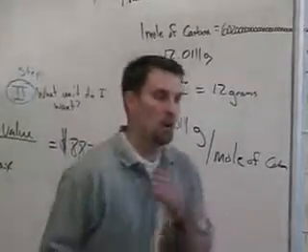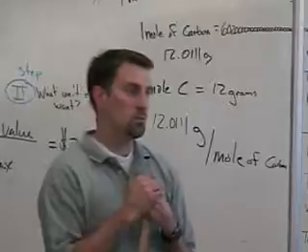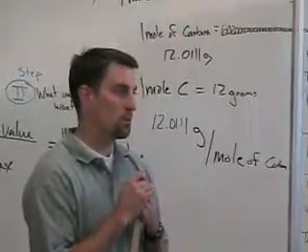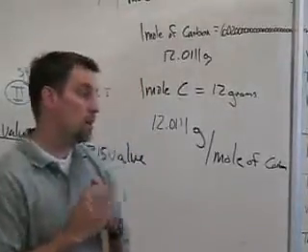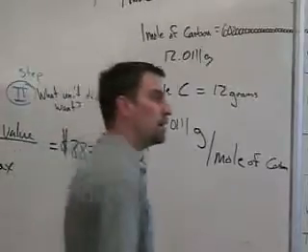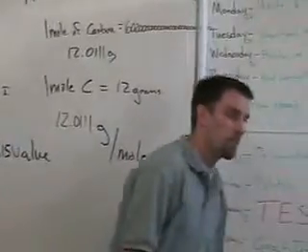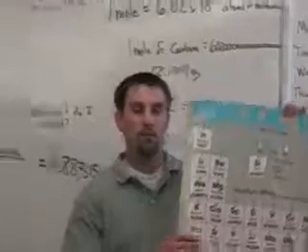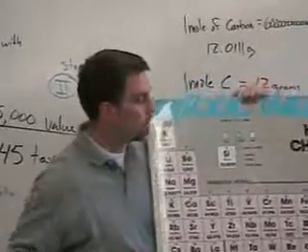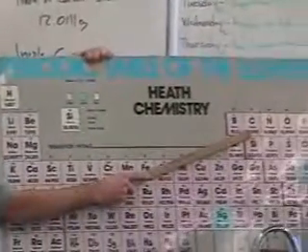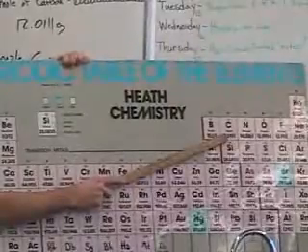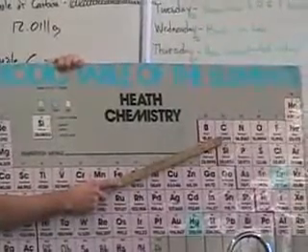What if I wrote 1 mole of carbon over 12.011 grams? Same thing. All right, honestly, I didn't count out that many. I just looked on my periodic table and the number was already there for me. Isn't that neat?